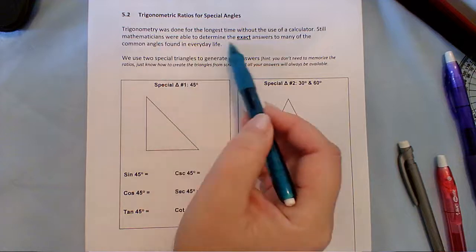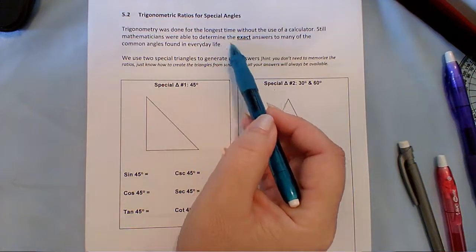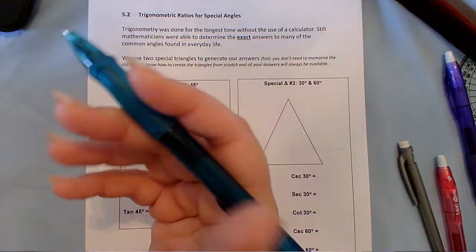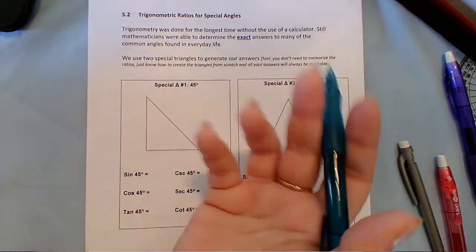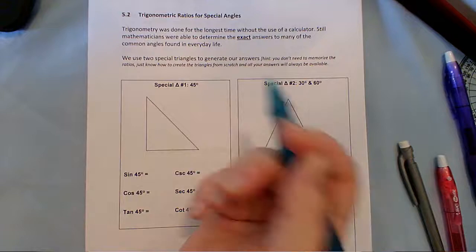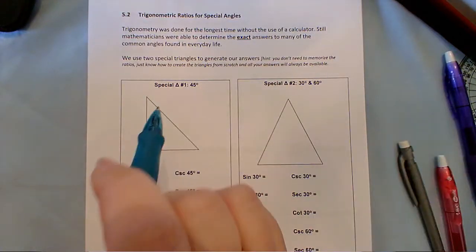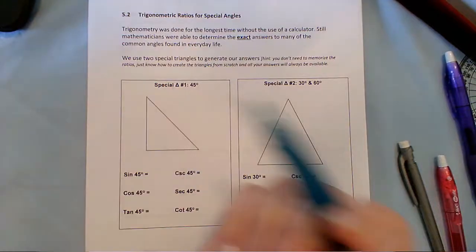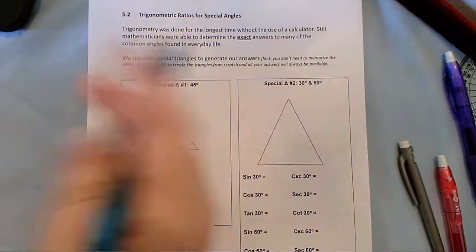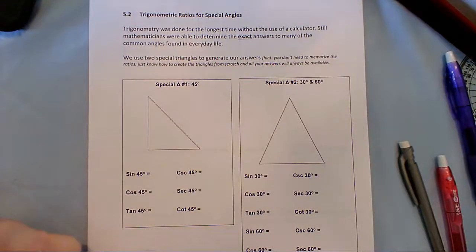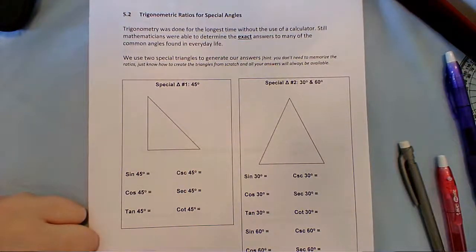So mathematicians were able to determine exact values for many of the trig amounts, so 30 degrees, 60 degrees, 45 degrees, 120 degrees, for sine, cos, and tan. So what you're going to do is learn how to generate those same exact answers. So you will not need a calculator at all. In fact, if you're touching a calculator, you're probably doing something wrong.